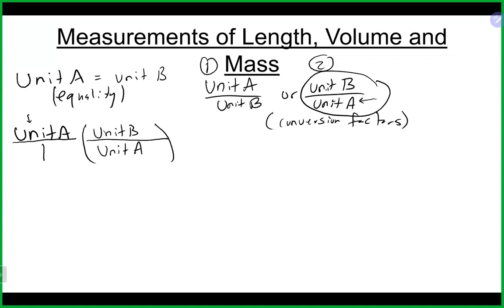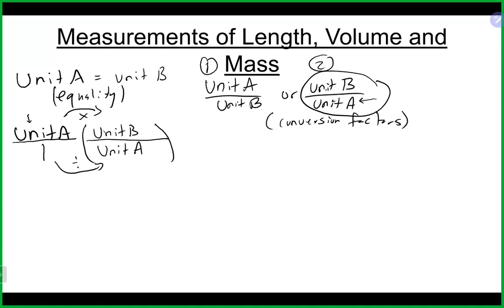When you set up something like this, there are only two types of math operation you will always do: whatever's on top gets multiplied, and whatever's on the bottom gets divided. That's all you have to remember if you set it up like this. Opposites cancel, anything on top gets multiplied, anything on the bottom gets divided.